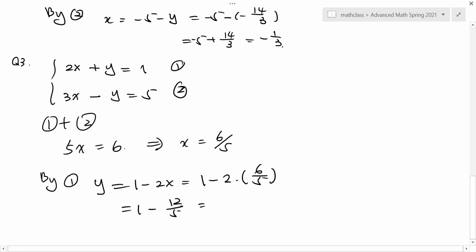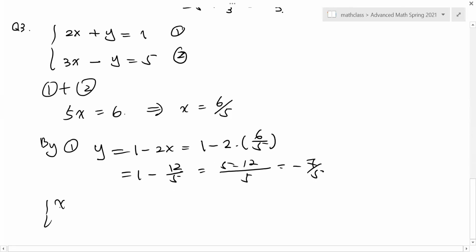Y equals 1 minus 2x, from the first equation, you move 2x to the right-hand side. And x is 6 over 5, so you plug in 6 over 5 there. Then you get 12 over 5, and 5 minus 12 is going to be negative 7 over 5. So finally you can write x equals 6 over 5, y equals negative 7 over 5.